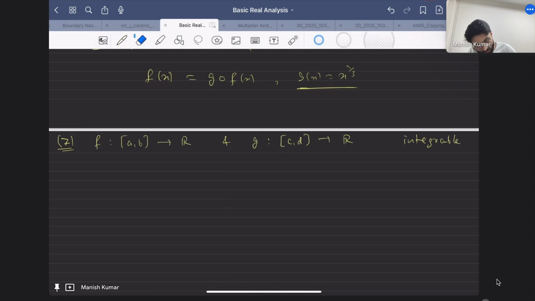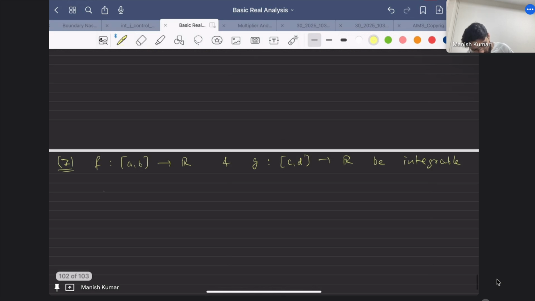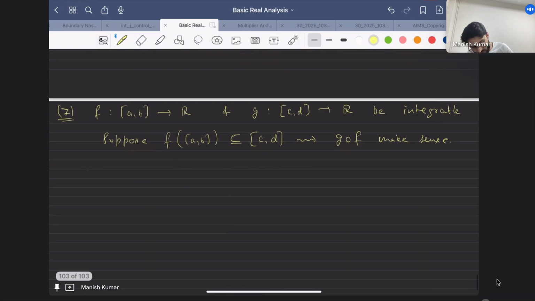And then suppose f of a b is contained in c d. So this tells you that the composition g composed f is well defined and makes sense. Now the question is, when is g composed f integrable?